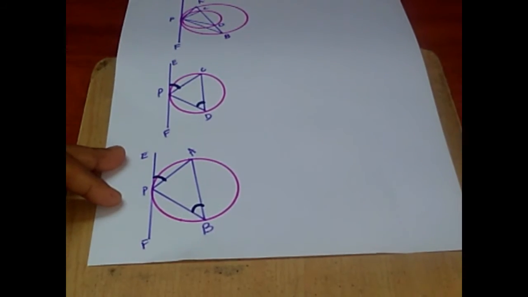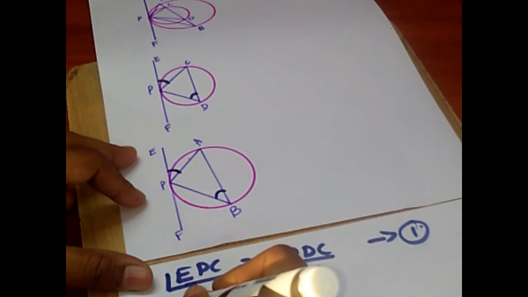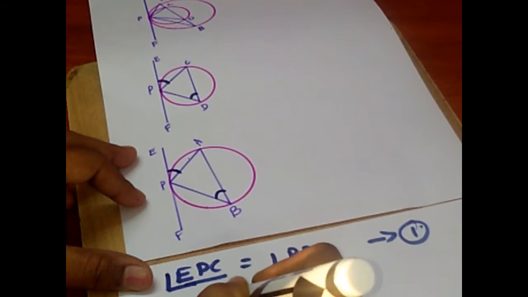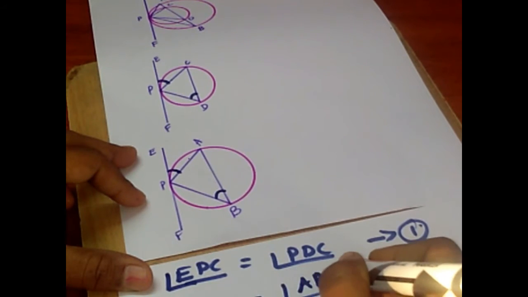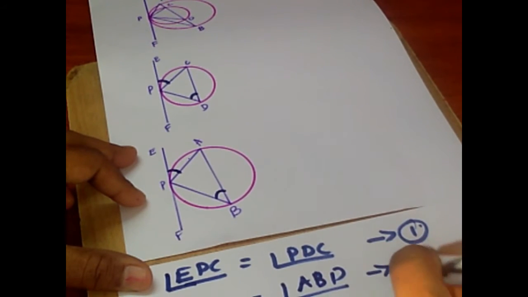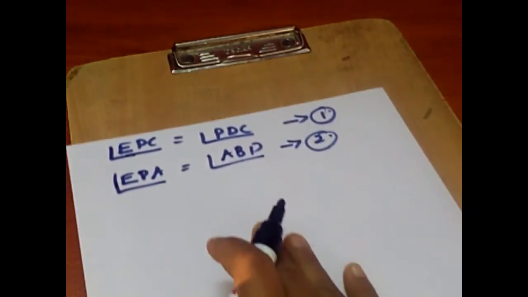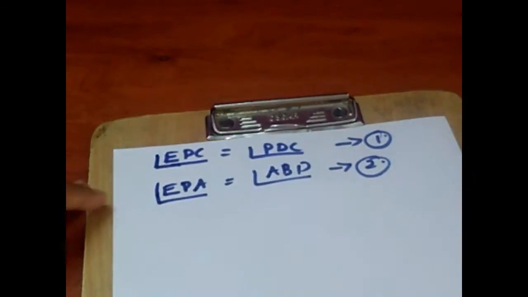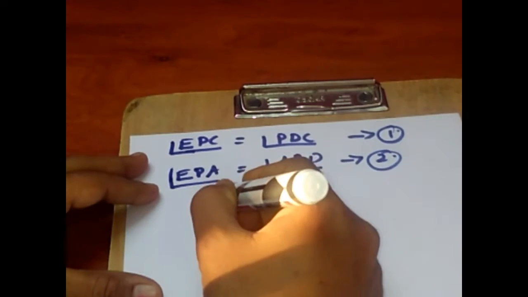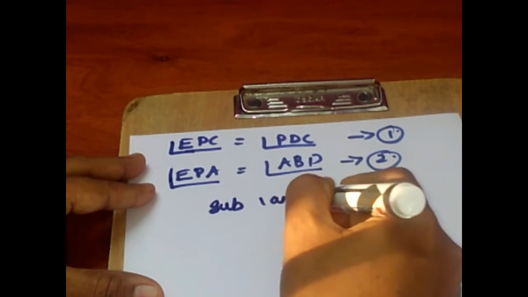So let us draw out the second result, that is angle EPA is equal to angle ABP. Result number 2. Now let us subtract result 1 and result 2, because what we need is the angle CPA, which can be obtained by subtracting these two results. Subtract 1 and 2.